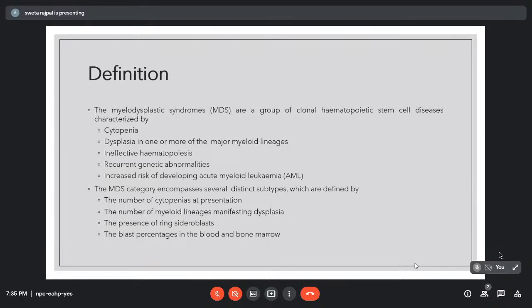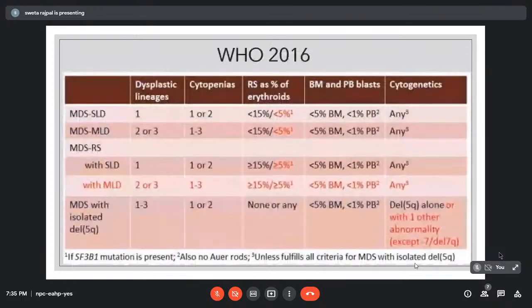WHO came up with several distinct subtypes of MDS based on the number of cytopenias at presentation, number of myeloid lineages manifesting as dysplasia, presence of ring sideroblasts, and blast percentage in the peripheral blood as well as in the bone marrow. This is the table showing the WHO 2016 classification of MDS, and it has been classified into 6 divisions, and one provisional category has also been given.